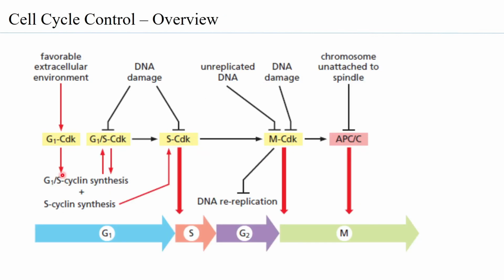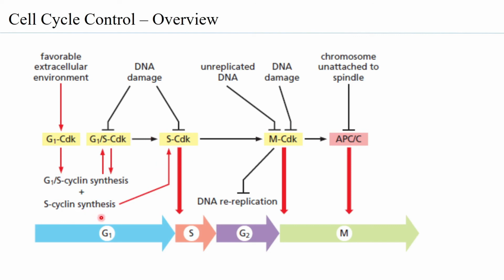So to get an overview, when the cell is in the G1 phase, and the environment is favorable and there is G1 CDK, G1 CDK will promote the formation of G1S cyclin and S cyclin. G1S cyclin can enable the cell to go from the G1 to the S if everything is fine.